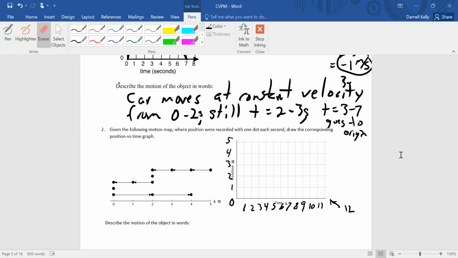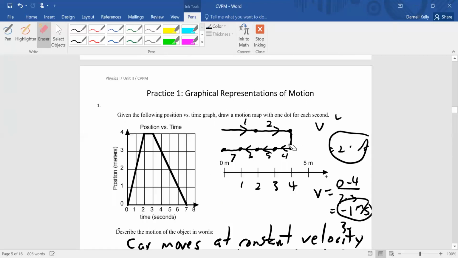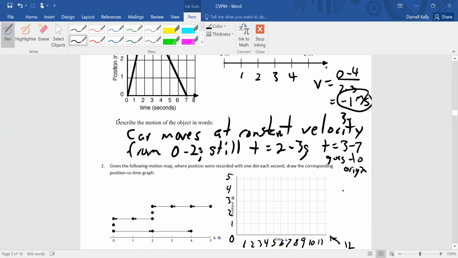It says 0, 1, 2, 3, 4, 5. That's all your positions in meters. So it starts at 5 and it's going to go backwards. See, the arrow is going to the left, as I indicated here, left or west, right being east. But left is going backwards.